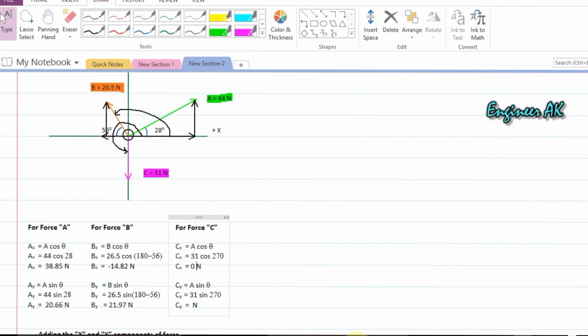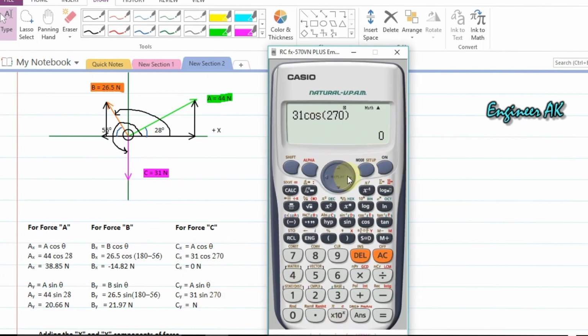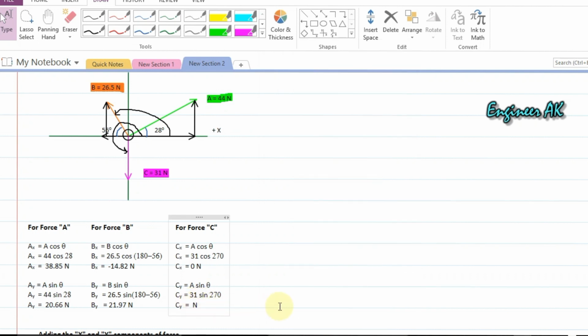For the y component, I get 31 multiplied by sine 270, which gives minus 31, so minus 31 Newton.